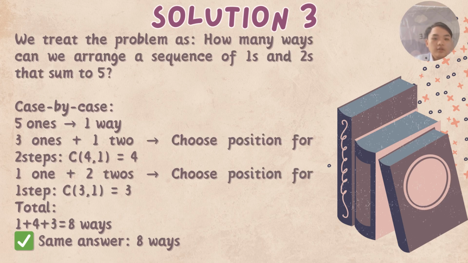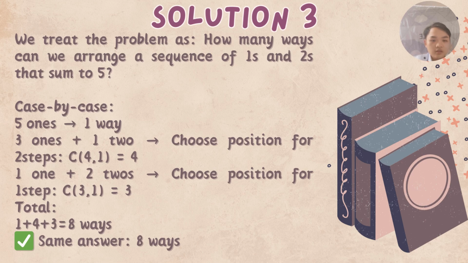So for solution 3, we can treat the problem as how many ways we can arrange a sequence of 1 steps and 2 steps that sum to 5. It is near to solution 2, but quite different. For five 1 steps, we can take just 1 way, and for three 1 steps and one 2 step, we can choose the position of the 2 step, which gives 4 positions.